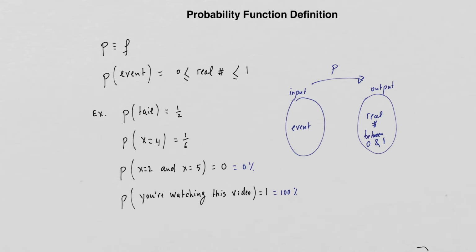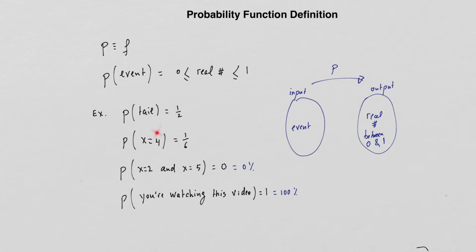So for instance, if you flip a coin, the probability of getting a tail, I didn't want to write getting a tail, I just wrote a tail, you know what I mean, the probability of getting a tail is 1/2. I'm assuming the coin is fair, which means both the head and the tail have an equal chance of showing up.